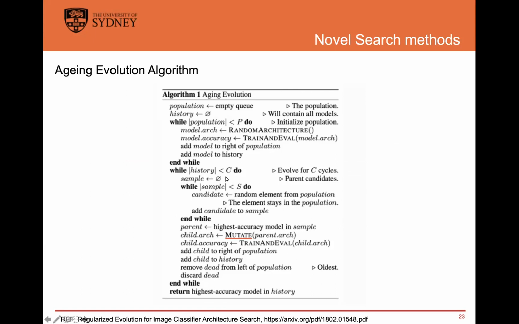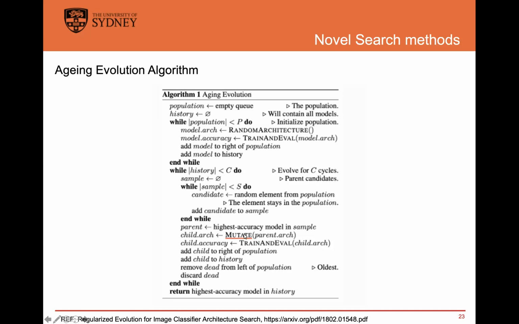So at the very start, you have your sampling. The sampling is just random sampling of candidates. For example, let's say 5. So you would add 5 random models into your sample set. And then you choose the model with the highest accuracy in your sample set as your parent.